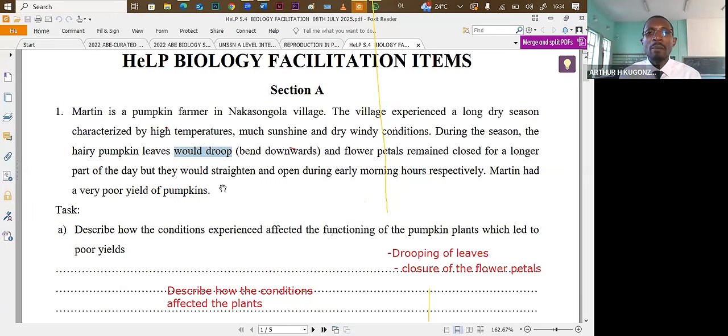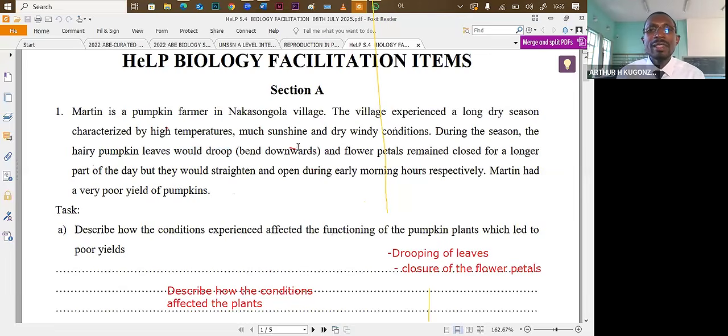So if they have taught you that, then it is clear that some plants, when the conditions are too hot, or when they realize that they're losing a lot of water through transpiration, they respond by drooping. And what is the drooping? They have simplified for us here that the drooping means leaves bending downwards.